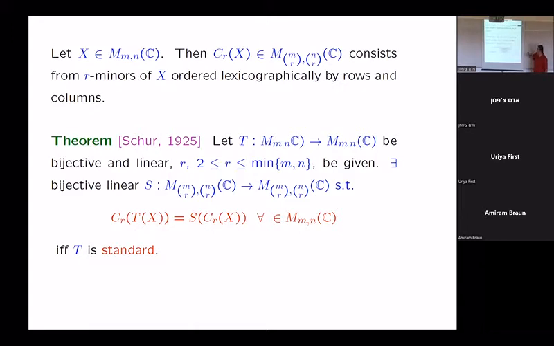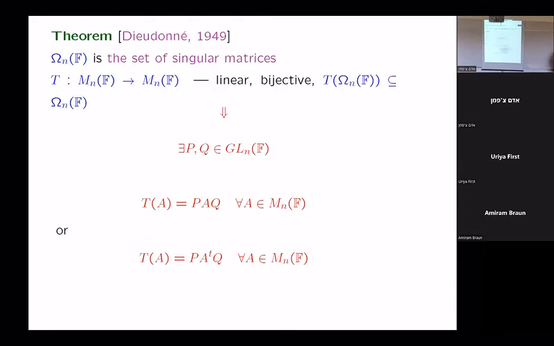He was considering minors, subdeterminants of a fixed order, and he was considering maps preserving these minors of fixed order, and proved that they are standard in a certain way. We will not go into the details here about minors, but we'll mention another result, which is due to Guterman.